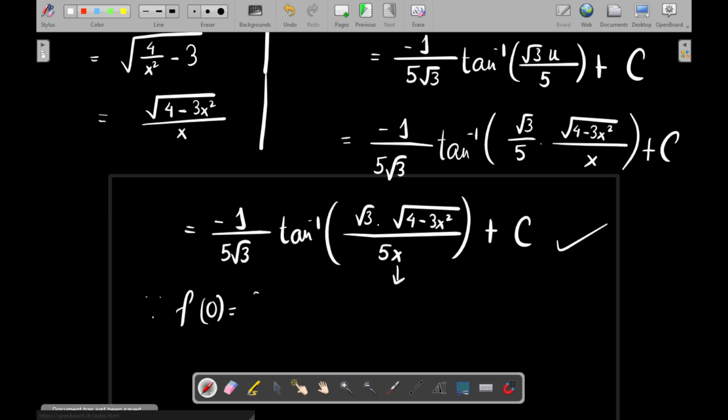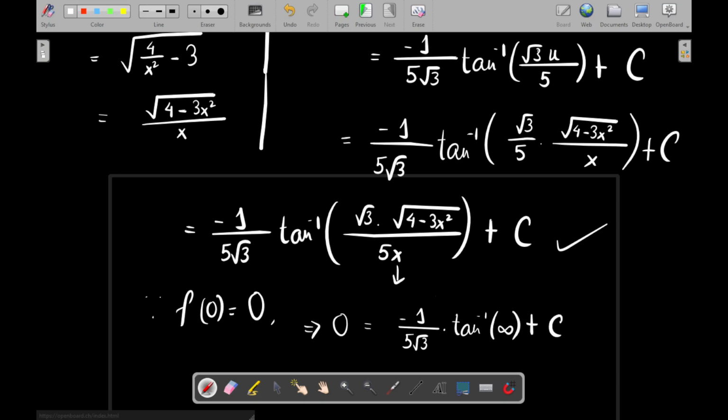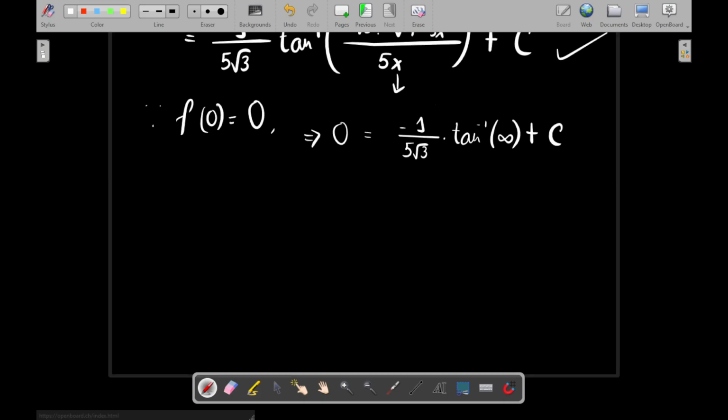F0 is equal to 0, right? So this term will become tan inverse of infinity, but we have this term still left. So 0 is equal to minus 1 upon 5 root 3 times tan inverse of infinity plus c. I think now it is going to be correct.